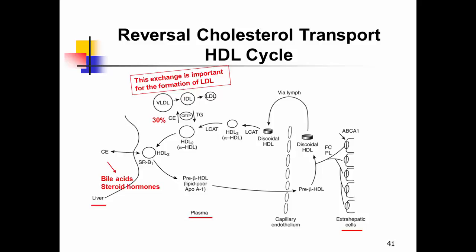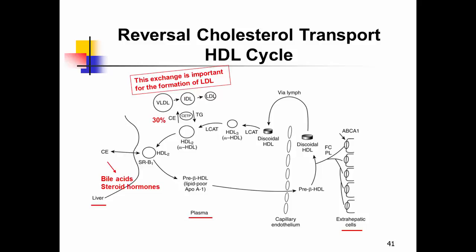Sorry, I think I gave wrong information. The exchange between HDL and LDL is actually that HDL receives more triglyceride from the VLDL, IDL, and LDL, and gives some cholesterol esters to VLDL, IDL, and LDL.